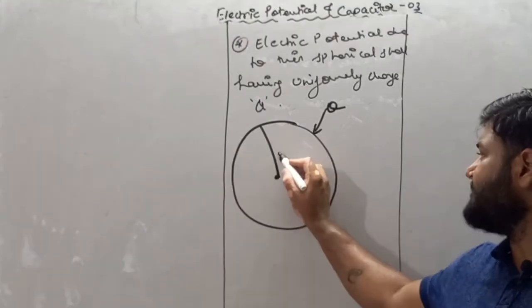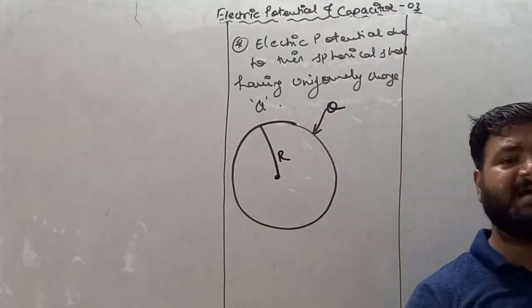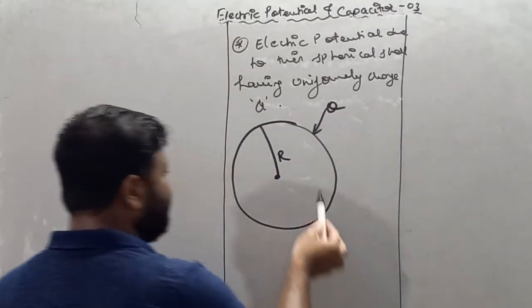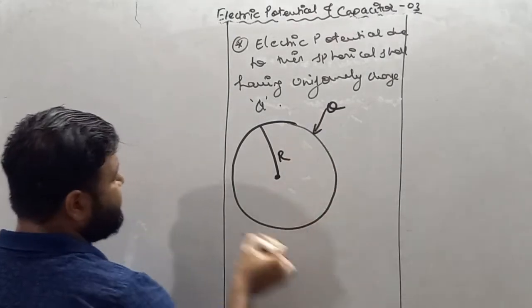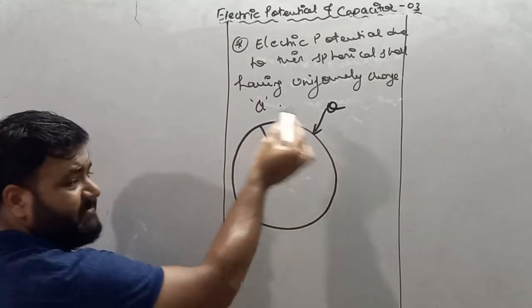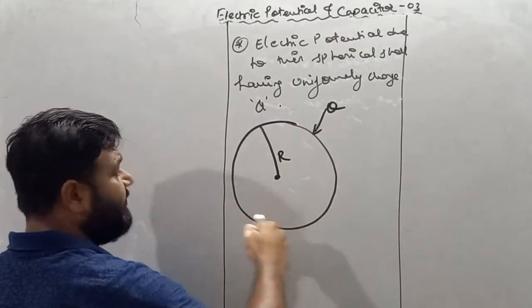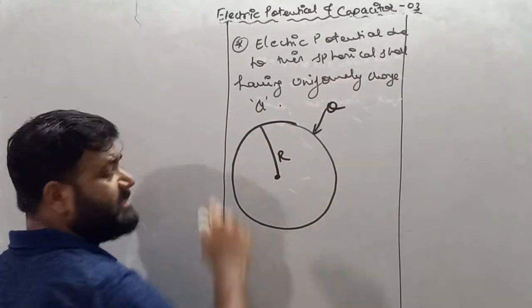We have a shell in which charge q is present, and we know that inside the shell nothing is present, so all the charge is present on the surface of the shell. So this is our shell of radius r in which charge q is present.